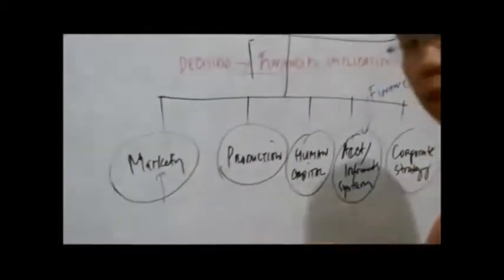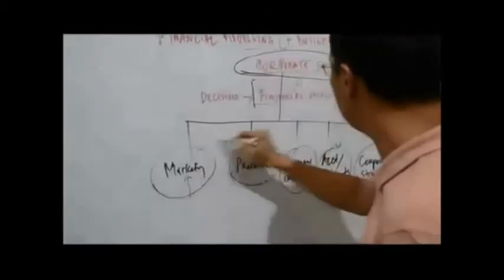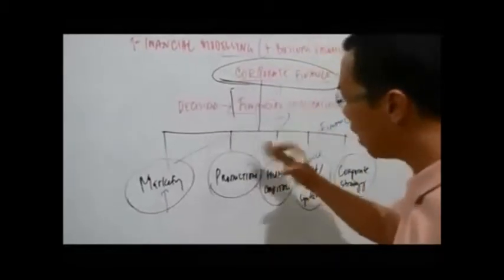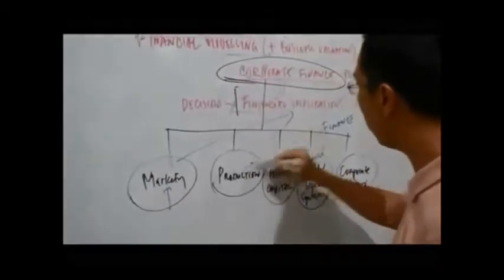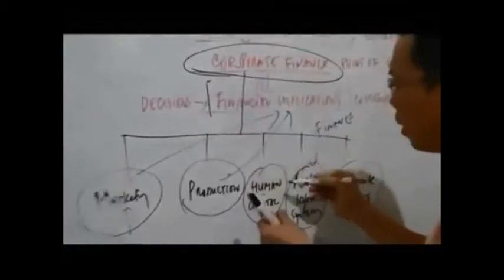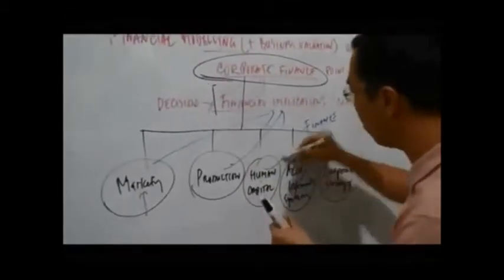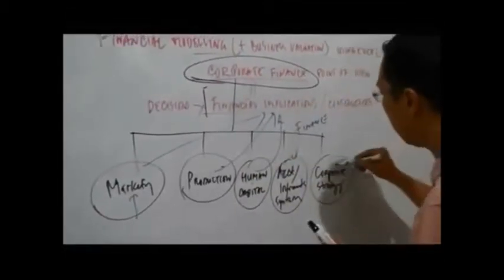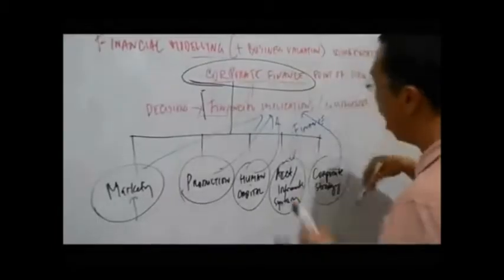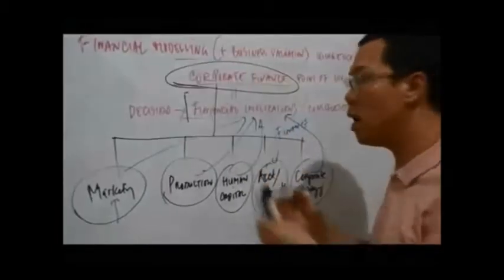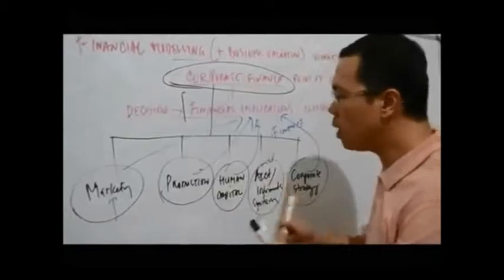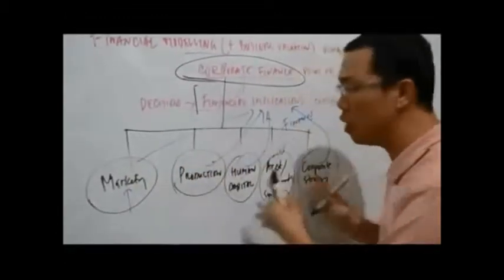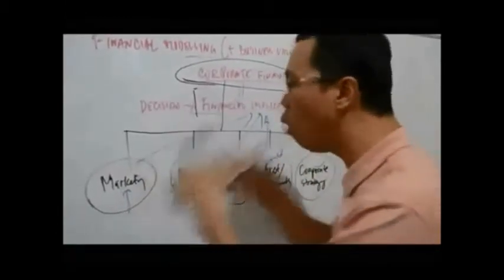Marketing people can make decisions that have a financial implication. Production can make a decision that has a financial implication. Human capital can make decisions that have a financial implication, and corporate strategy also has a financial implication to the business. So basically in all these 5 sections, you can apply financial modeling.